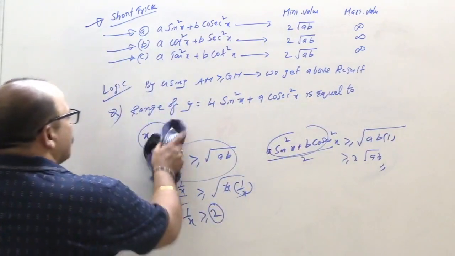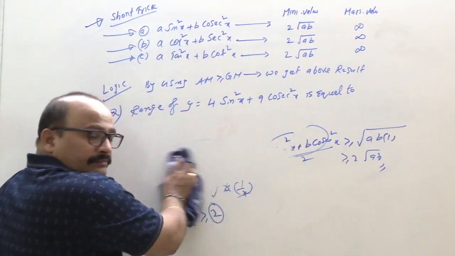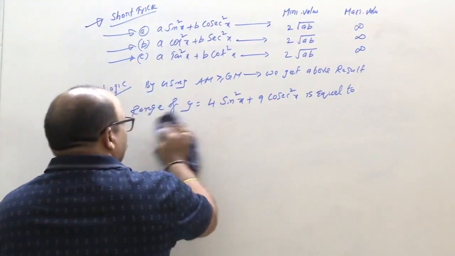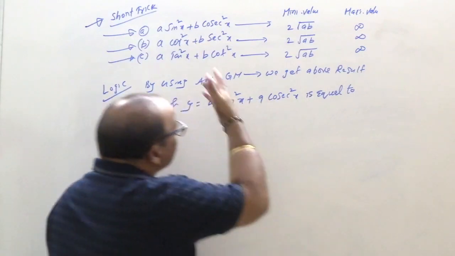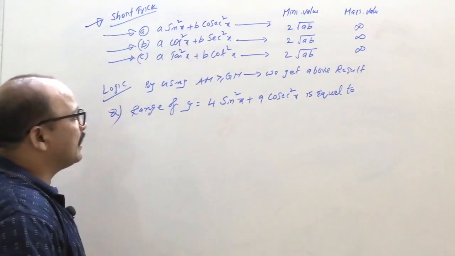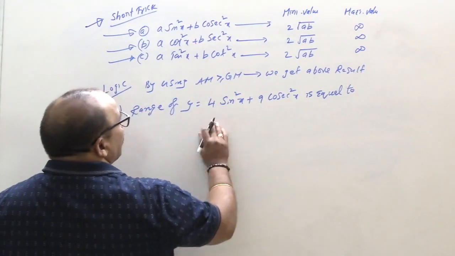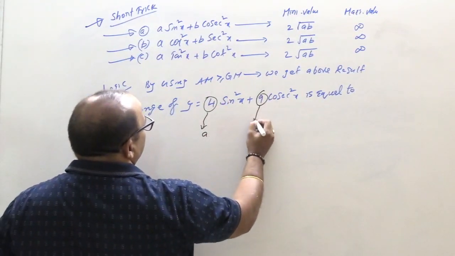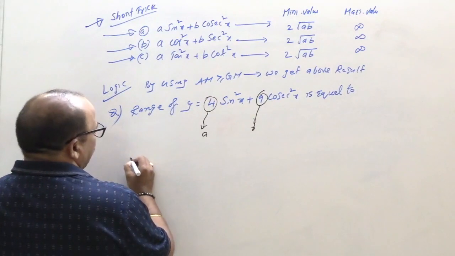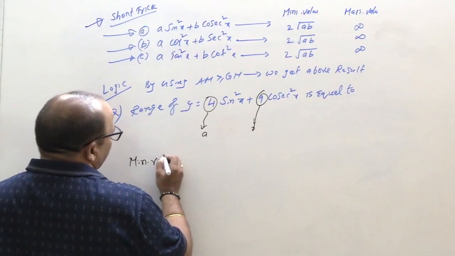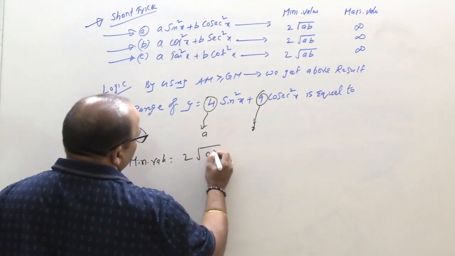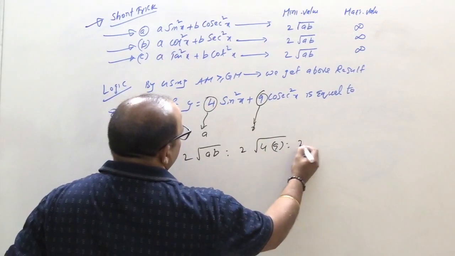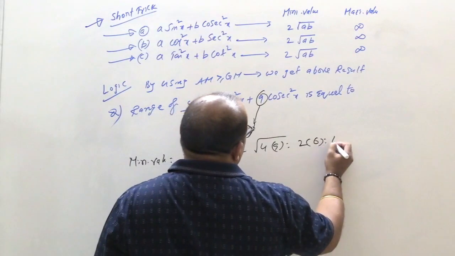Now solve this problem. Same application. I am doing just one problem, the remaining you try yourself. So maximum value, minimum value. This is the A and this is the B. So the minimum value is 2 root AB. 4 times 9 is 36, and root 36 is 6, so 12.